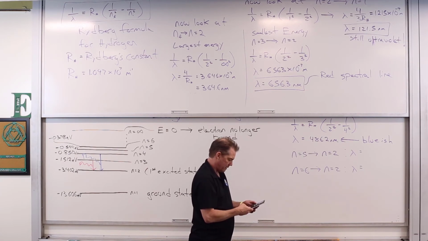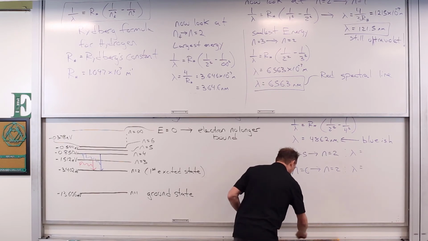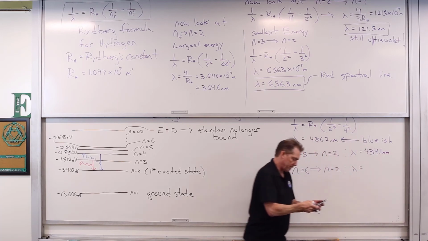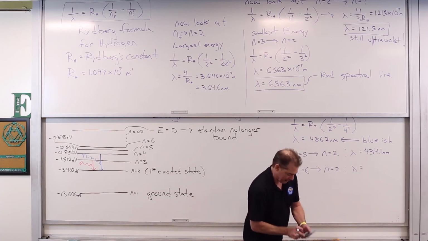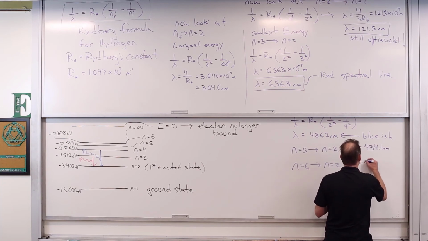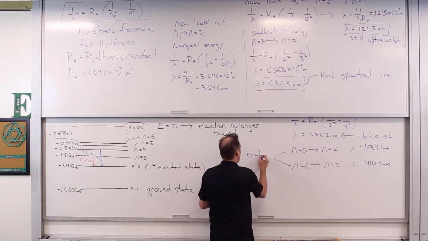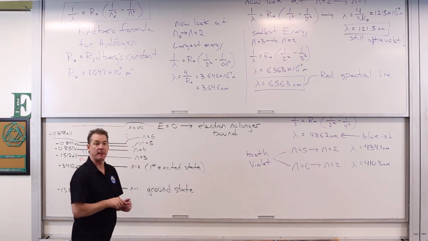That gives us 434.1 nanometers, and the other one's like 410.4 nanometers. Both are in the violet region of the electromagnetic spectrum, in the visible region.